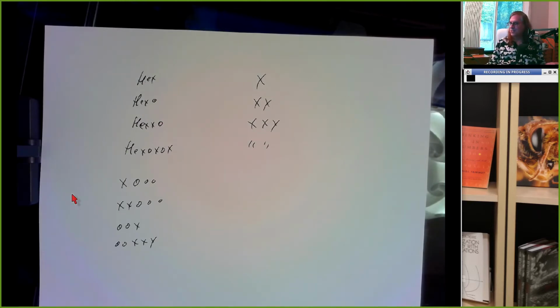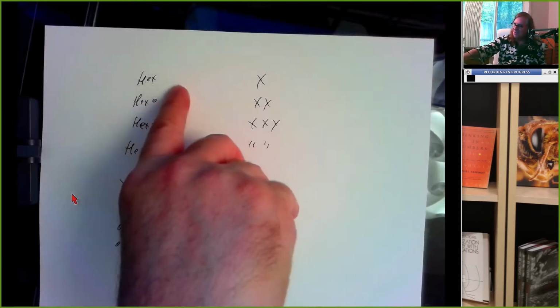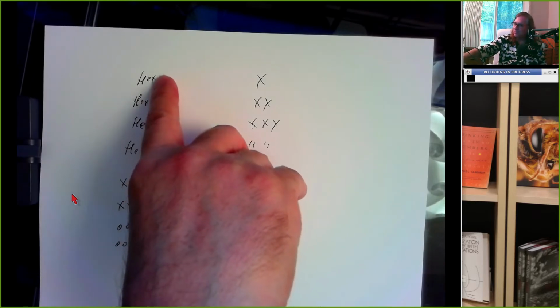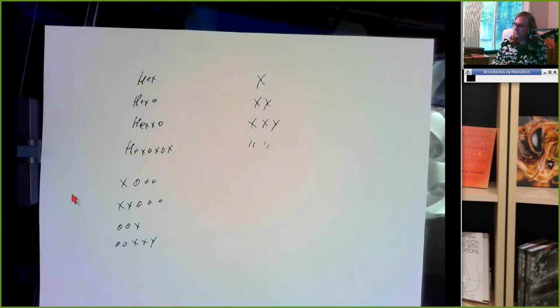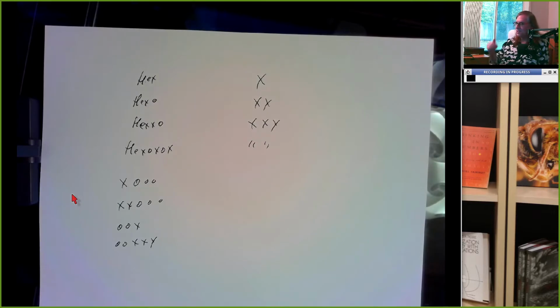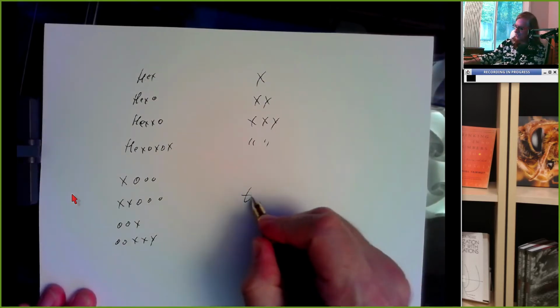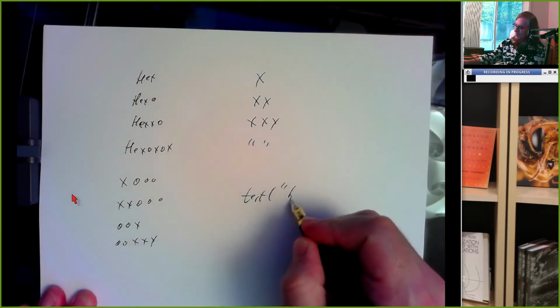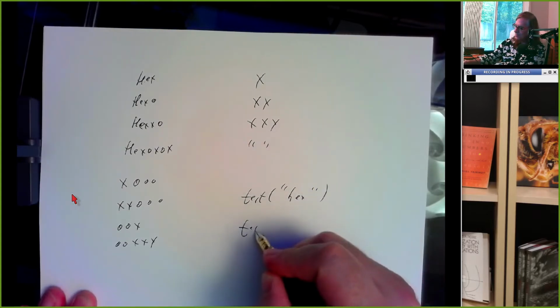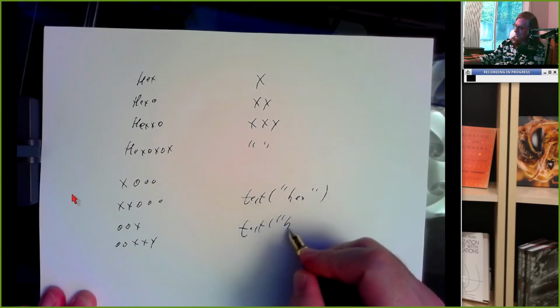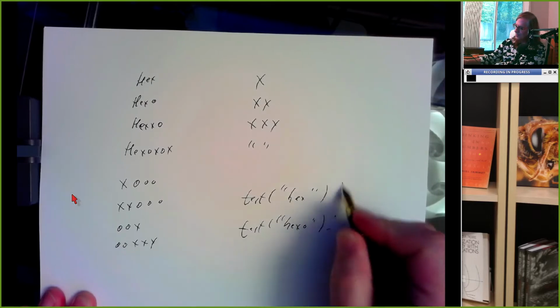Make a test function that you pass a string, and it prints out the string, and then it calls remove one and prints out the modified string. And now in your output, you're going to see hex, space, HE; hexo, space, HEO; hexxo, space, HEXO. And it's really fast to look at the output then and see if it's doing the right thing. And then in my main program, I would just say something like test hex, test HEXO, and so on.